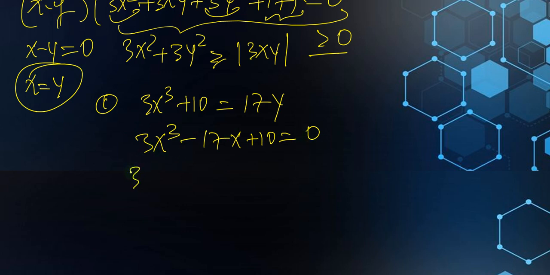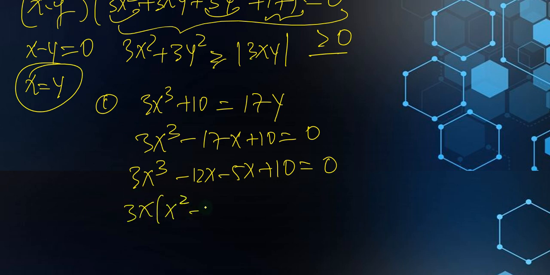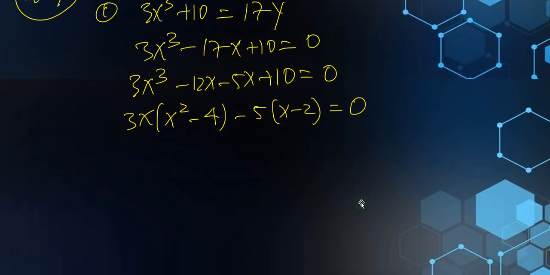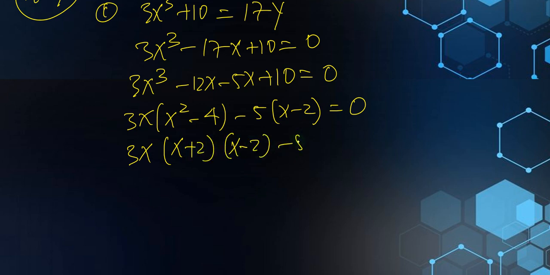So 3x to the 3, I'm going to write it as minus 12x minus 5x plus 10 equals 0. So this is 3x times x squared minus 4, and then minus 5x minus 2 equals 0. From here, this is 3x times x plus 2 times x minus 2, minus 5x minus 2, equals 0.